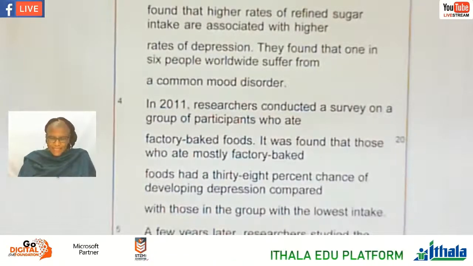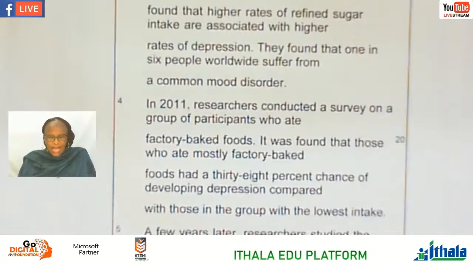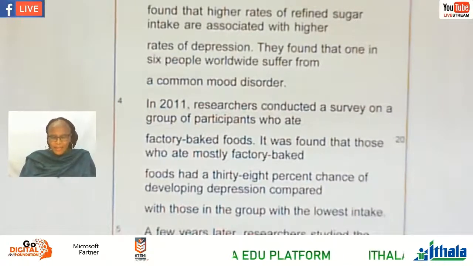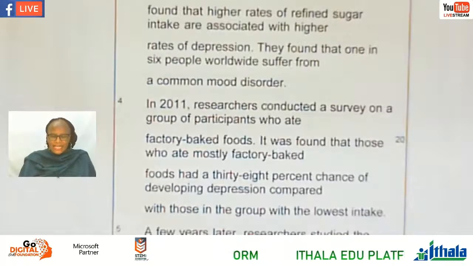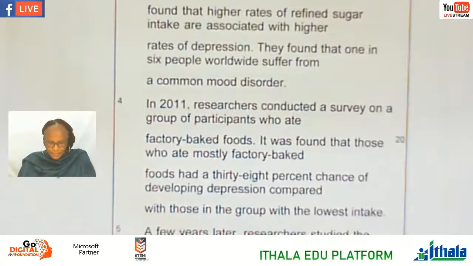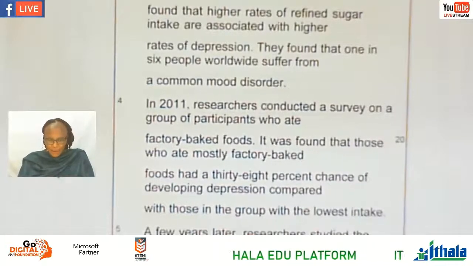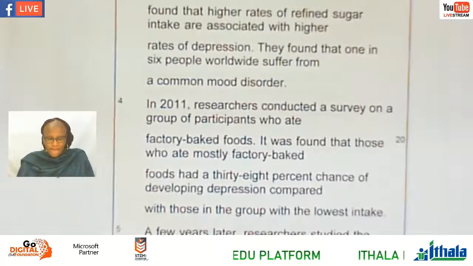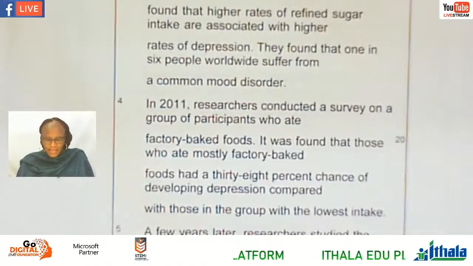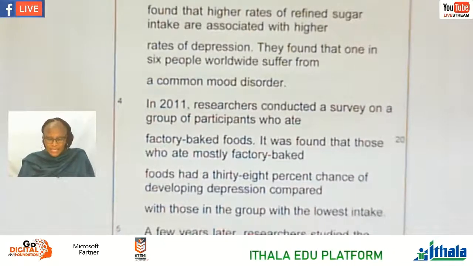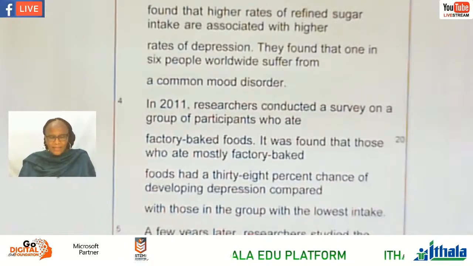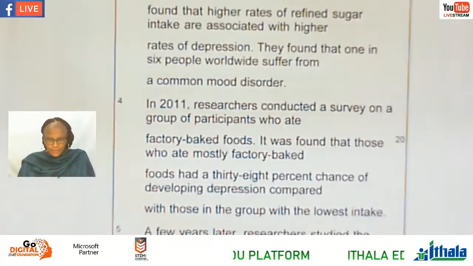Research published in 2002 examined the link between depression and sugar consumption in 6 countries. Researchers from Baylor College found that higher rates of refined sugar intake are associated with higher rates of depression.